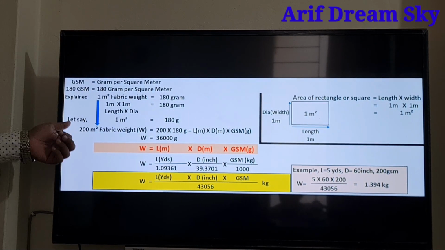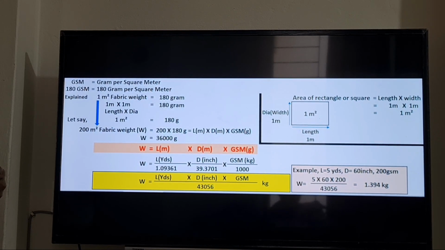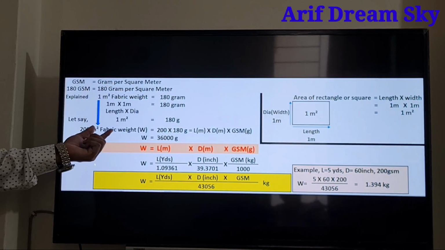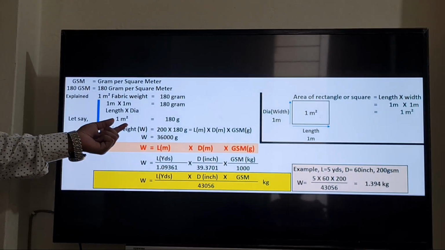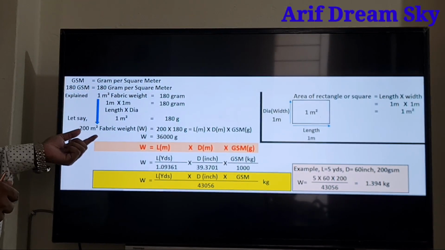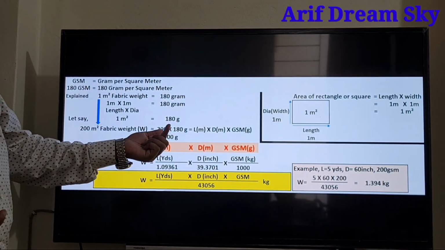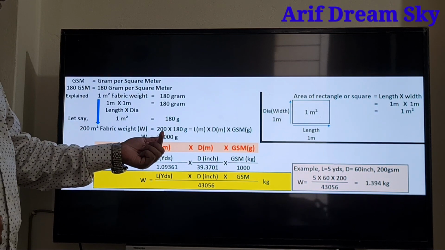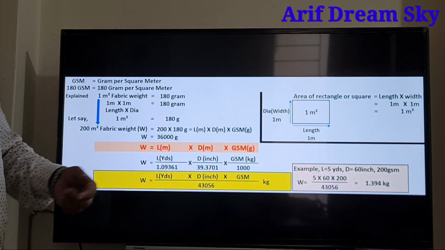Now let's say we want to identify the fabric weight for 200 meter square of fabric. If the GSM is 180 gram, we can easily multiply 200 into 180 gram. So that fabric weight is 36,000 gram.